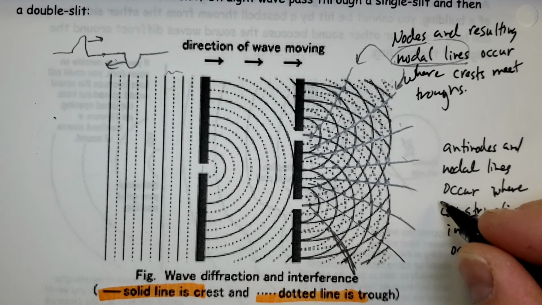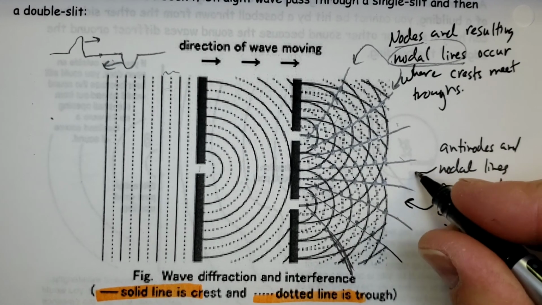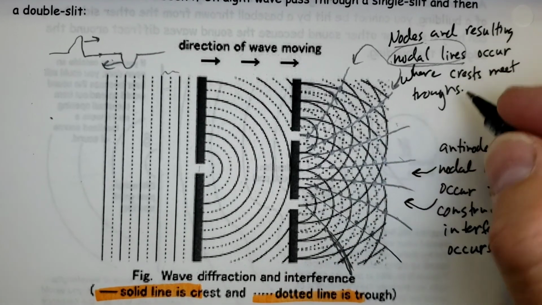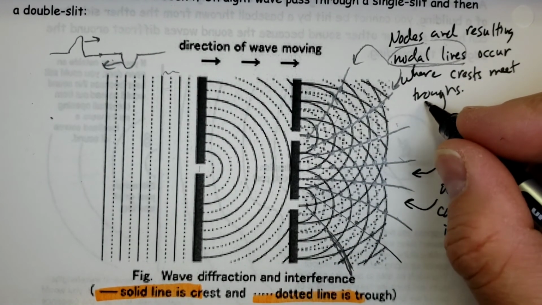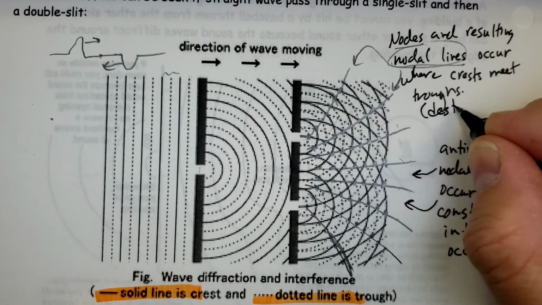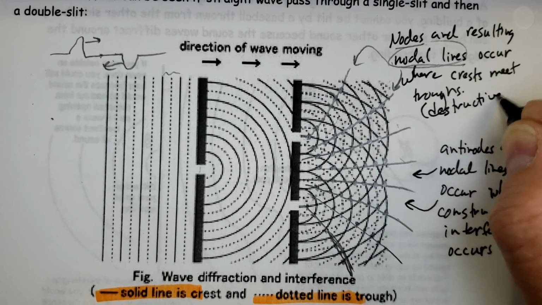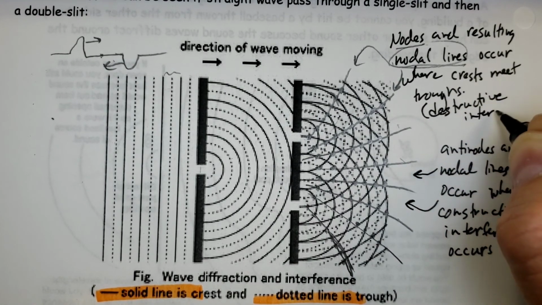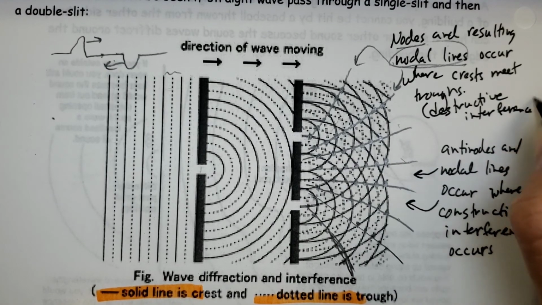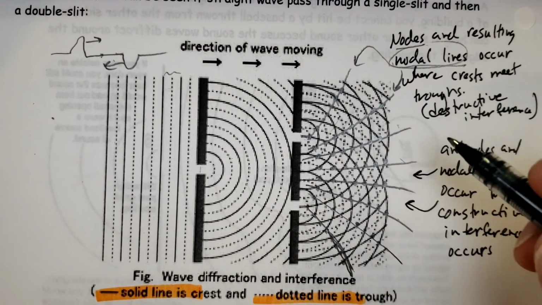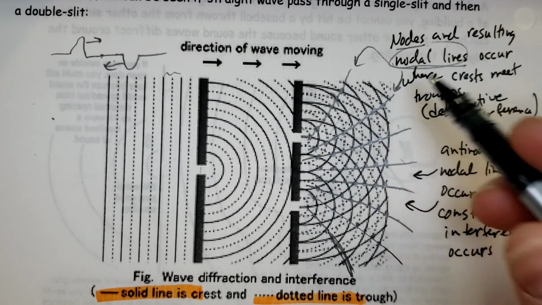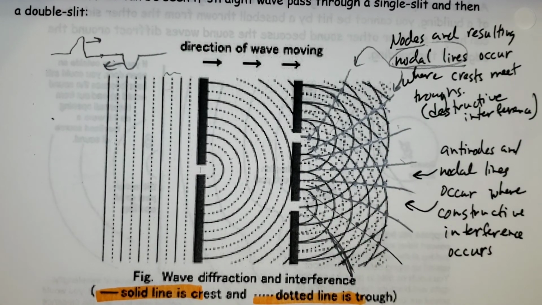And we can just draw a few areas here, in between. Then maybe up here we should mention destructive interference, because that's what's happening there, where a crest meets a trough, points and lines, we have that happening.